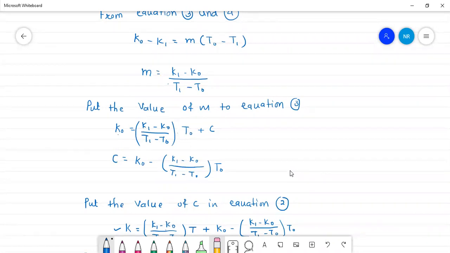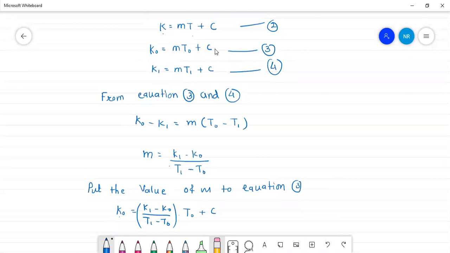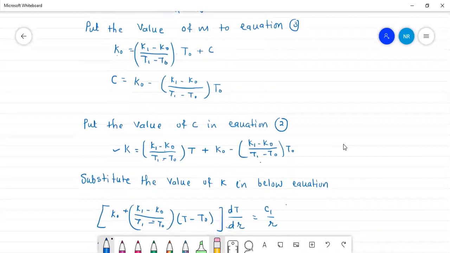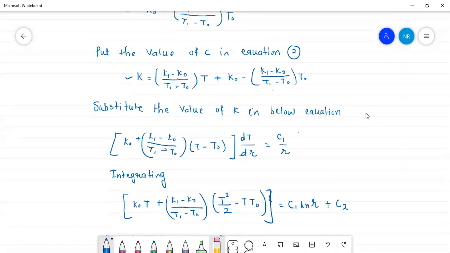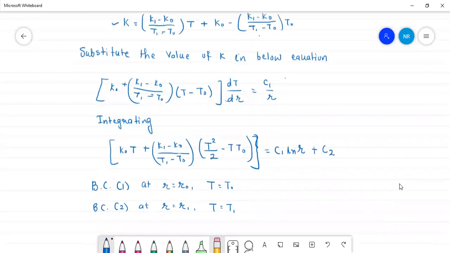Now we put the values of C and m, that is k, in equation number 2. Once we put the value in equation number 2, I get one equation, and based on it we try to fit the boundary conditions.